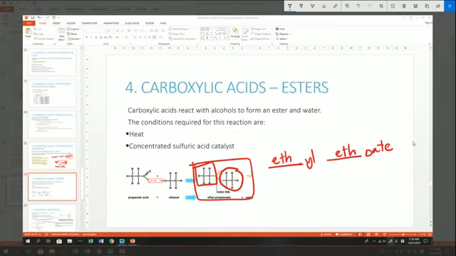Oh, sorry, in fact, I miscalculated that. So the alcohol part is still correct as ethyl because it's got 2 carbons, but I didn't see the last carbon there. So here we go, 1, 2, 3 carbons.